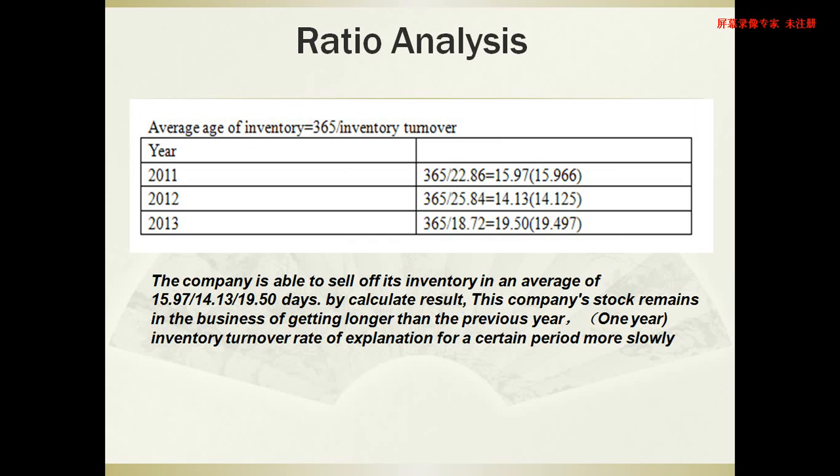From this result, we can find out that 2012 was the best time for Lenovo. They could sell off all their inventory in 14 days. But during 2013 it increased, and they could not handle it very well. So the inventory turnover is slower in this period.